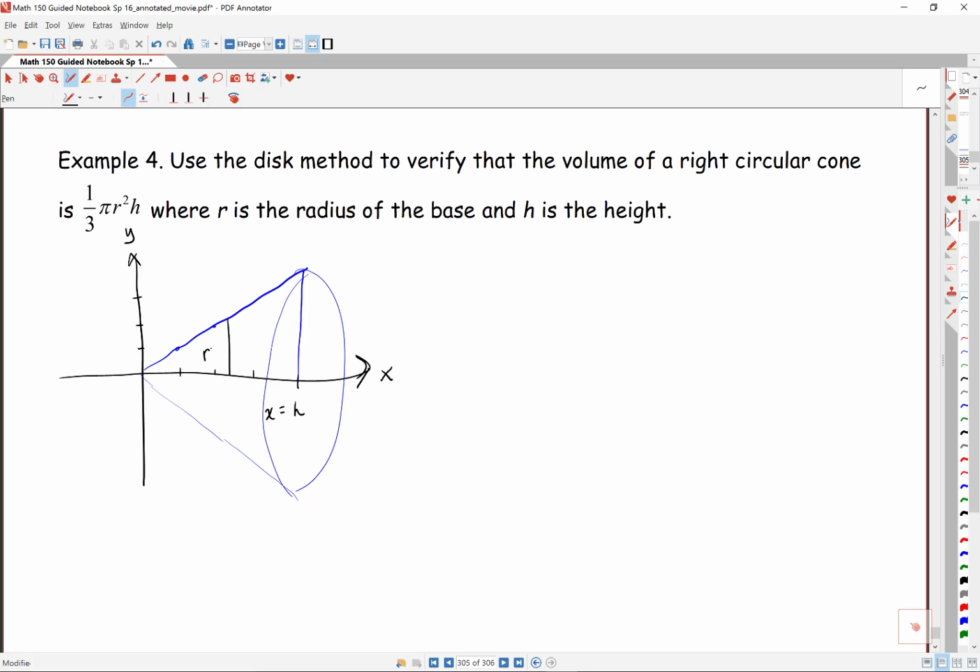And the whole measure would be h, and this little bit would end up being h minus whatever x you're on. Does that make sense?